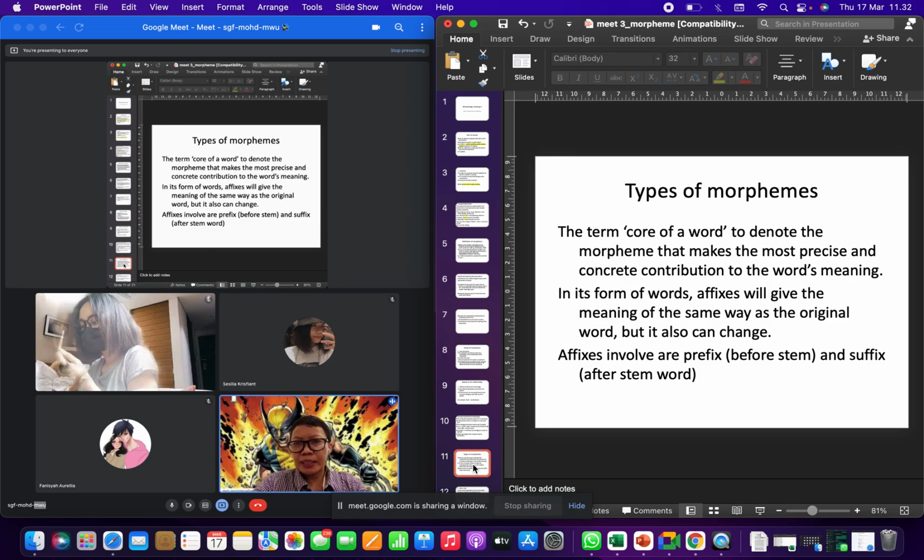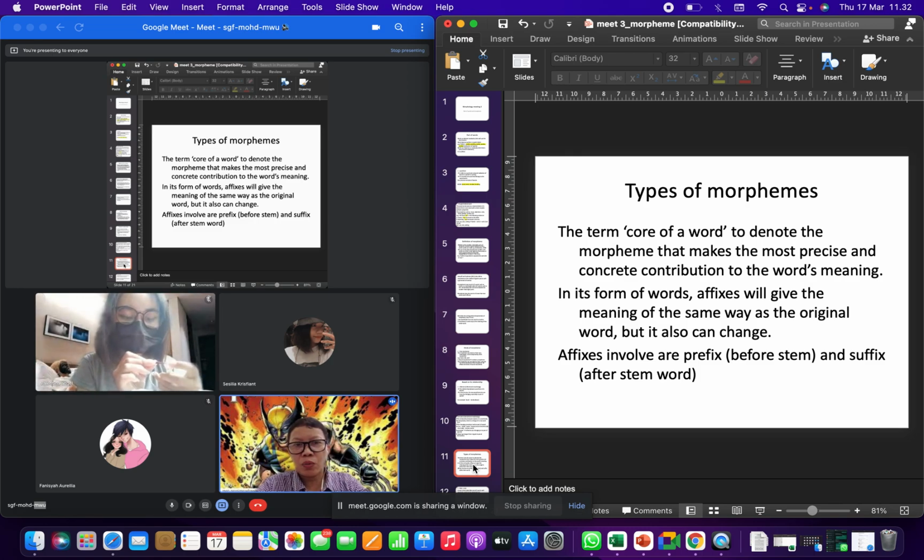Affixes will give the meaning in the same way as the original word, but sometimes they can also change either the form or the meaning. Now here, as I said before, we are going to talk about the affixes that involve prefix.